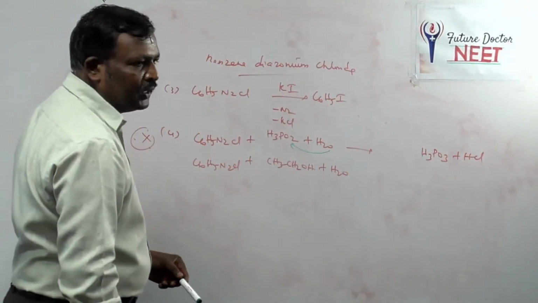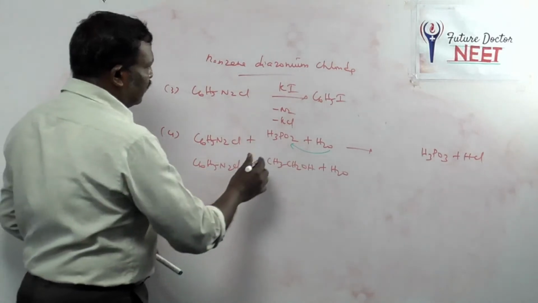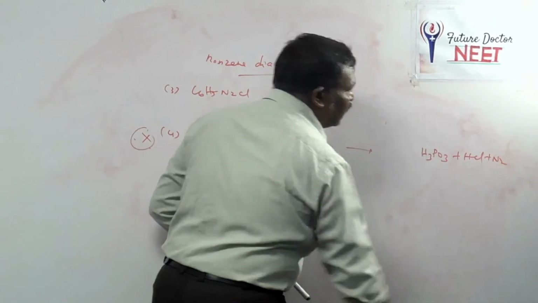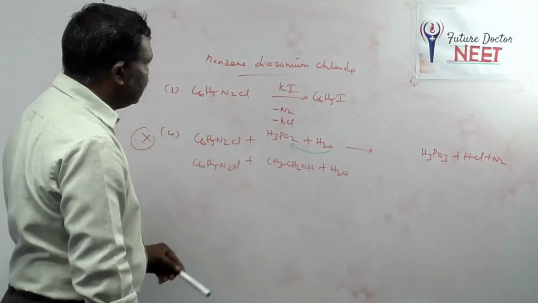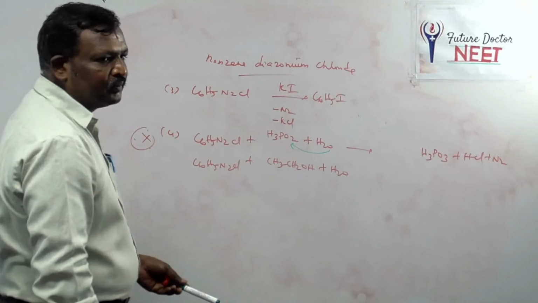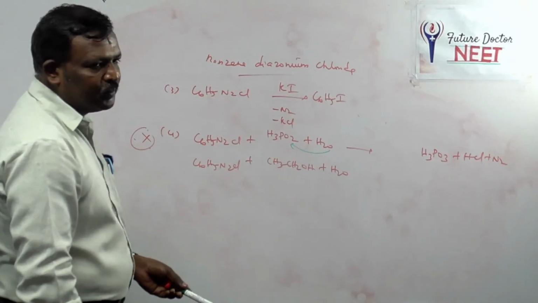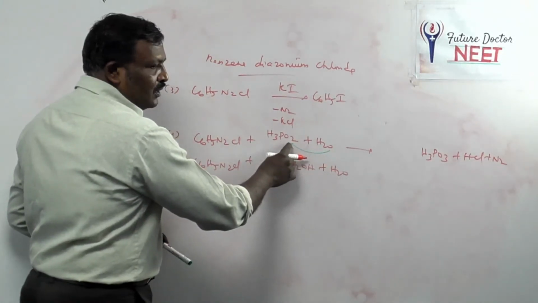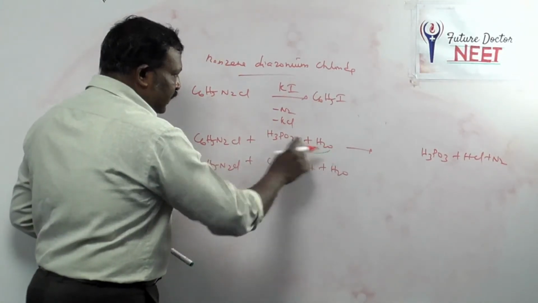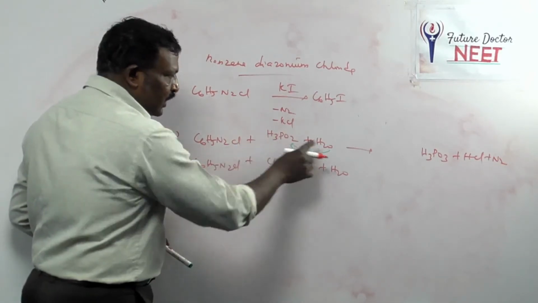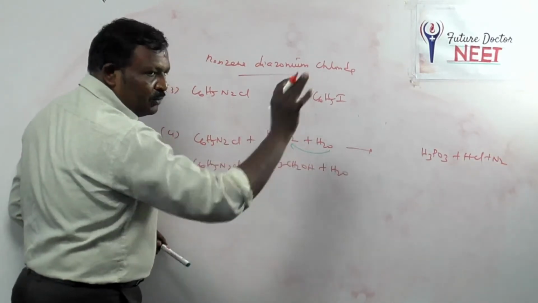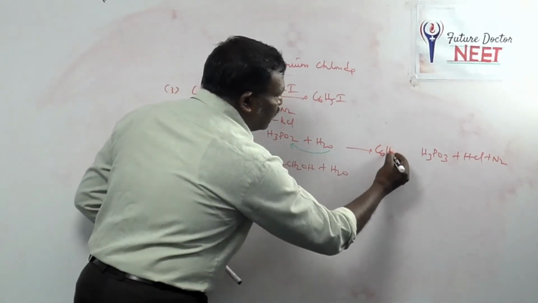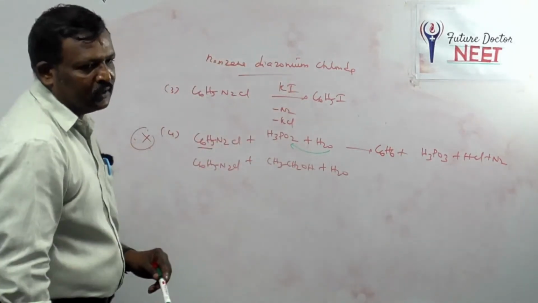Then N2, as I told you, is removed as nitrogen gas. Then who is remaining? One hydrogen is remaining, and one hydrogen plus the phenyl group gives C6H6, benzene.